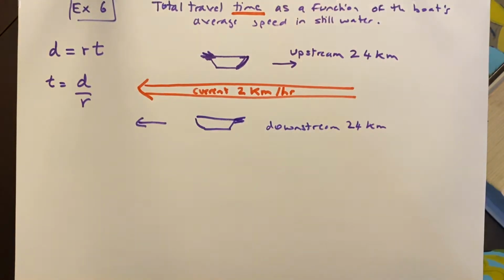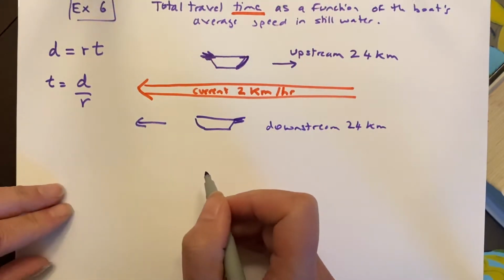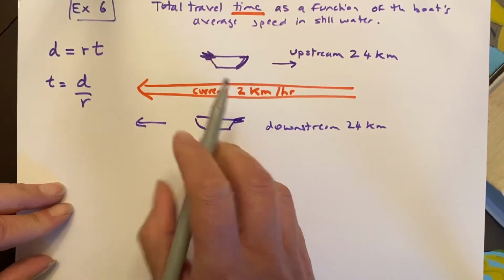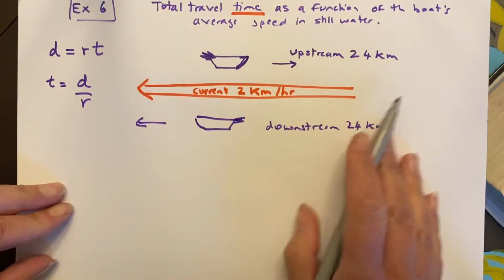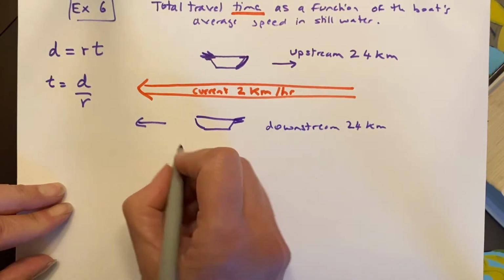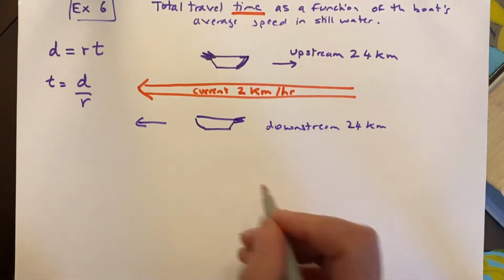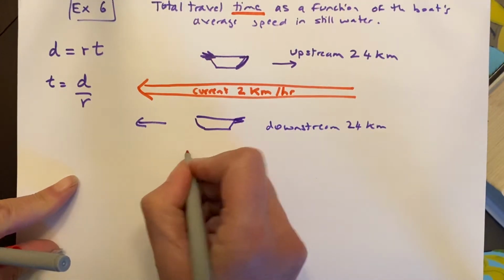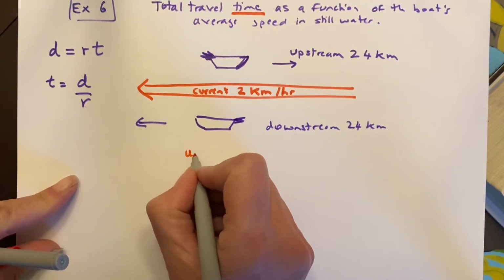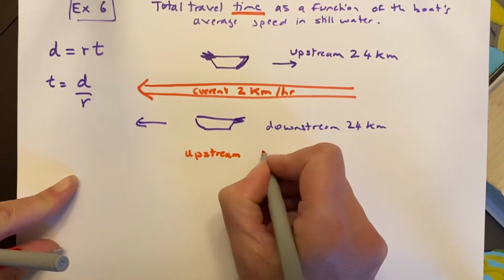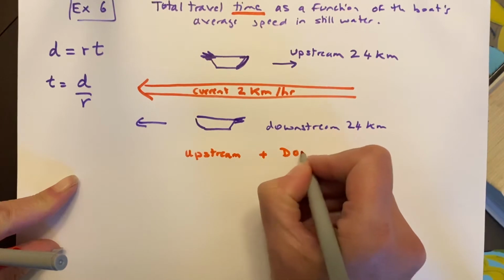Okay? And so to figure out this problem and find out the total travel time, that means travel time upstream plus downstream. So we're going to list over here. First, it goes, I guess, upstream first. So upstream plus downstream.